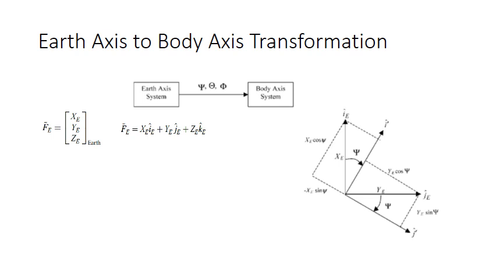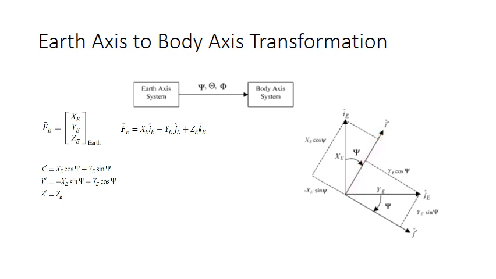So the new vector will be in the new domain x dash, y dash, z dash, and it has components of x dash, y dash, and z dash. If we look at x dash from the transformation, x dash is the projection on i hat dash.